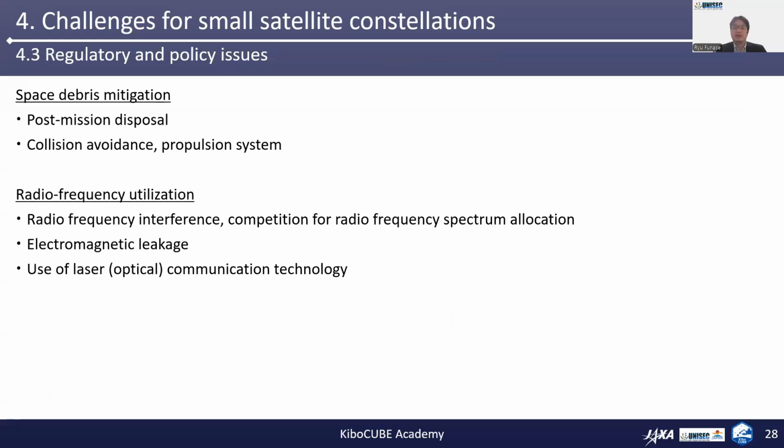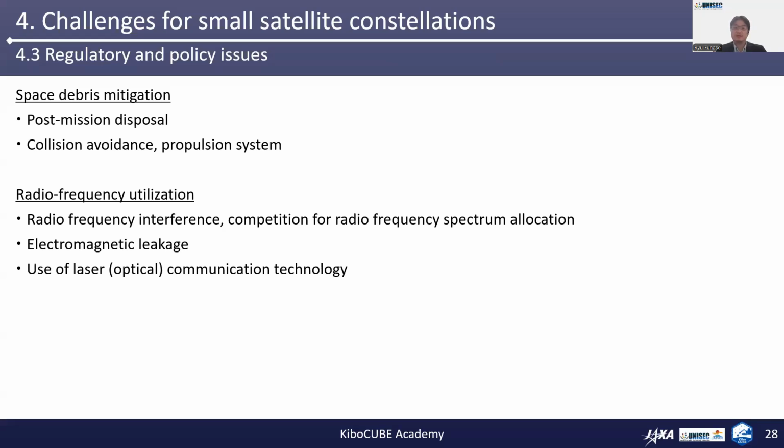In addition to the technical aspects, there are other issues that are related to legal regulations and policies. First, the most recognized issue is to prevent the growth of space debris. The problem of space debris has been discussed in various contexts, and it is becoming more and more important for constellations that need to launch many satellites.